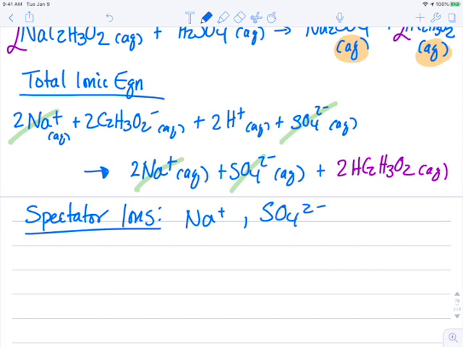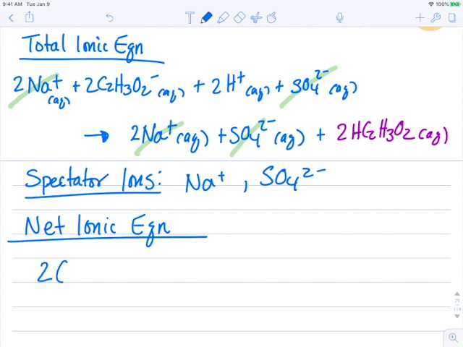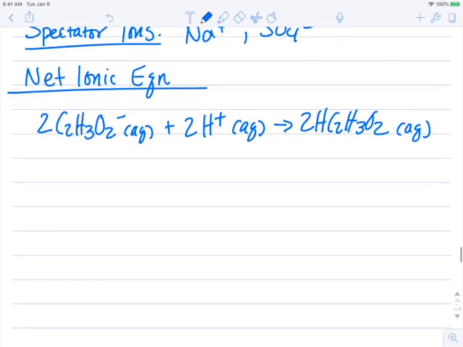Okay, so next up we write down what's left over, and that will be our net ionic. And so here, I'm going to go ahead and bring down the 2C2H3O2 minus plus 2H plus 2 acetic acid like so. All right, but I'm not done with it.